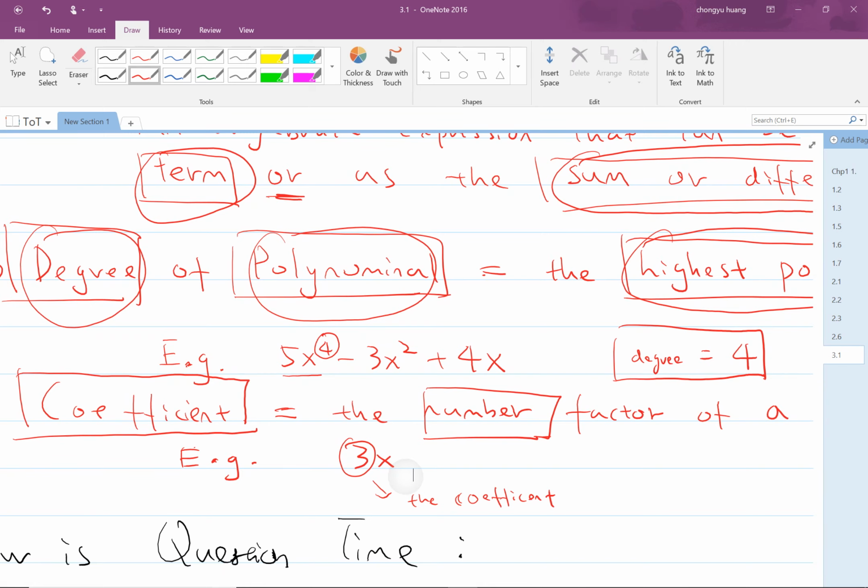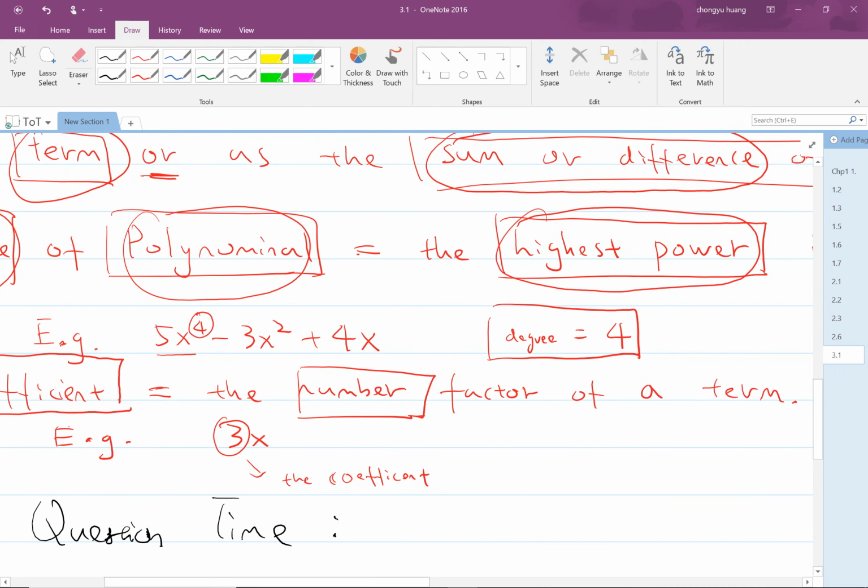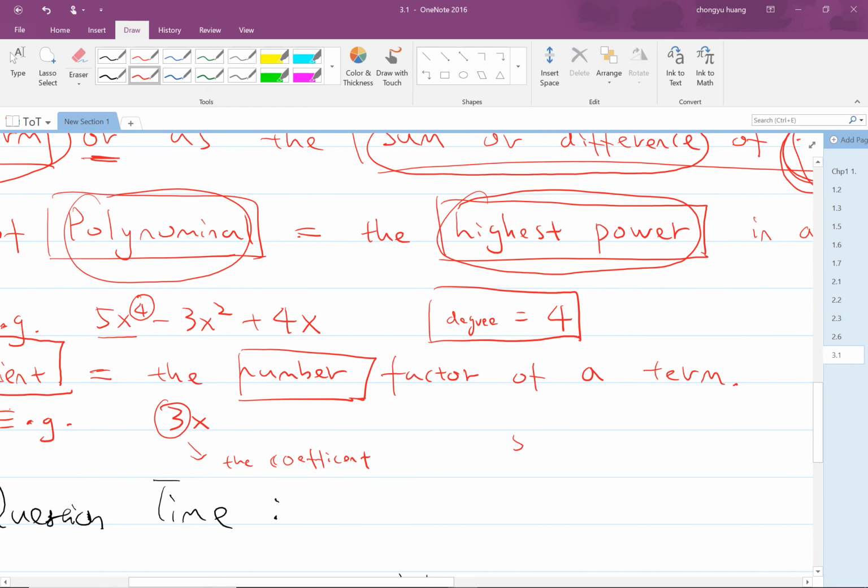You can see over here in the last example, we've got 5x to the power 4 minus 3x to the power 2 plus 4x. So 5 is a coefficient, negative 3 is another coefficient, and plus 4 is also another coefficient.